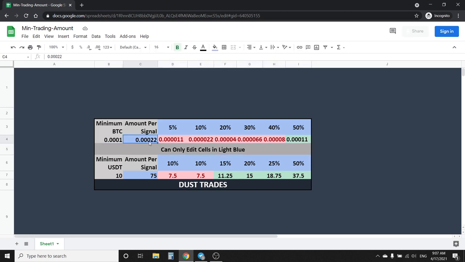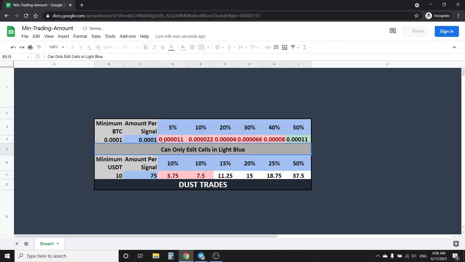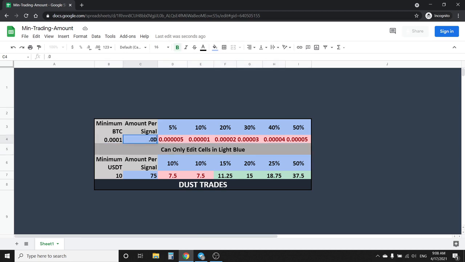So let's say you want to trade with the minimum amount. As you can see, all this is in red. It's signaling to you that this isn't going to go through, because the 50% of the target that you're setting would be half of this amount, and so you need at least a minimum.